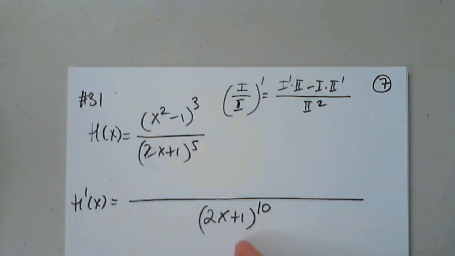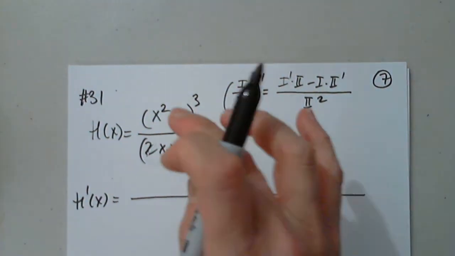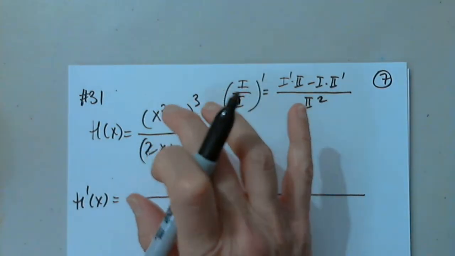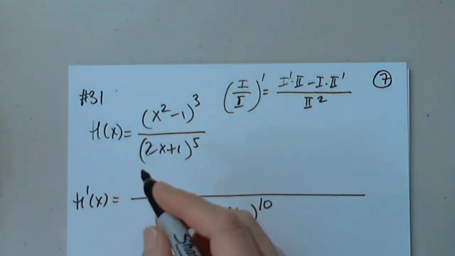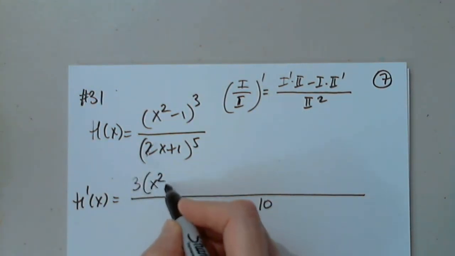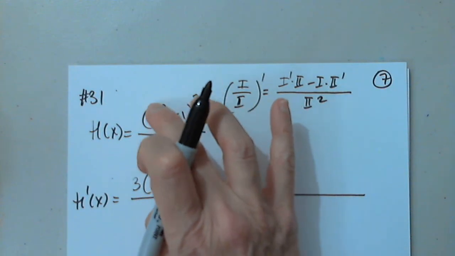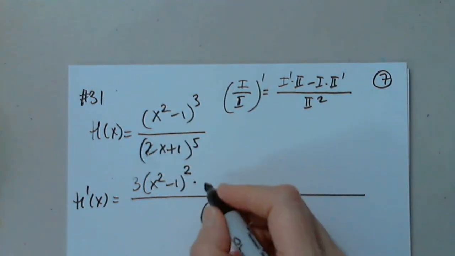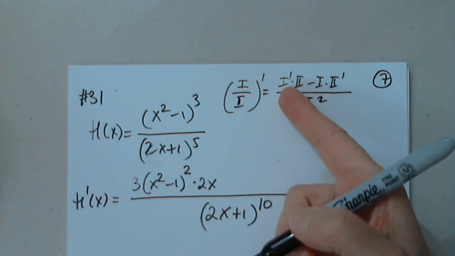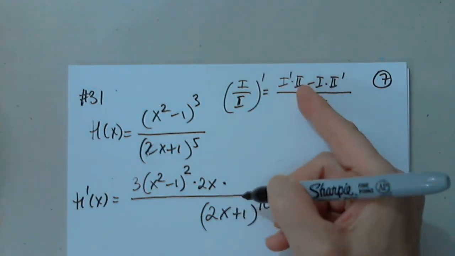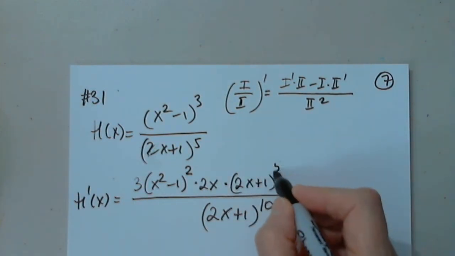I already have the 2 squared. 1 prime: chain rule, a function raised to a power, combined with the power rule. I bring the power in front, subtract 1 from the power, times the inner function prime because it's not plain x. So this is 1 prime. Now times the denominator, 2x plus 1 to the 5th power.